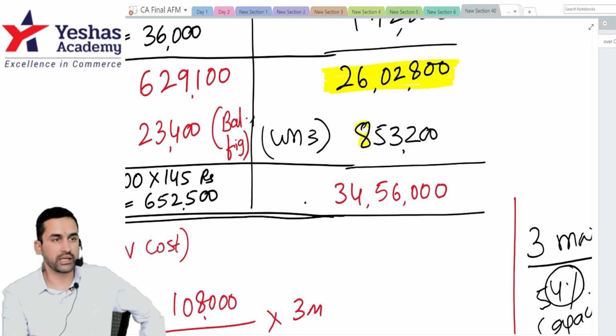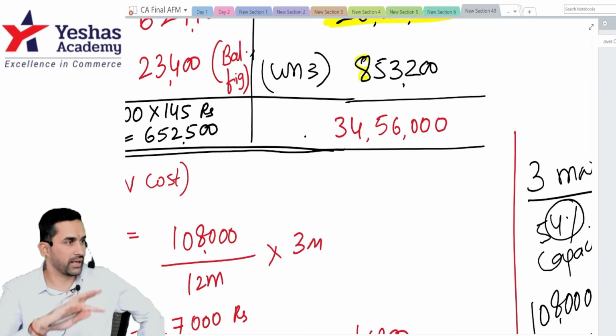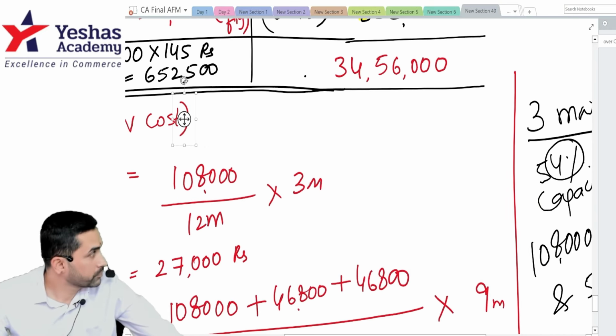That's all. But that you can't write here. So working note 4. If you have reached up to 3456000, that is sales value. Some students in exam they stop here and come. This is not what they wanted. Specifically, they said price, not value. Correct?